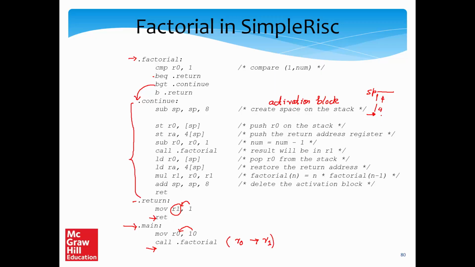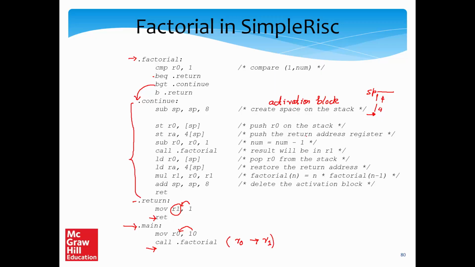Now since we are calling another version of the factorial function itself, it is necessary to save some information on the stack. Otherwise, the called function, the callee, will overwrite those values.